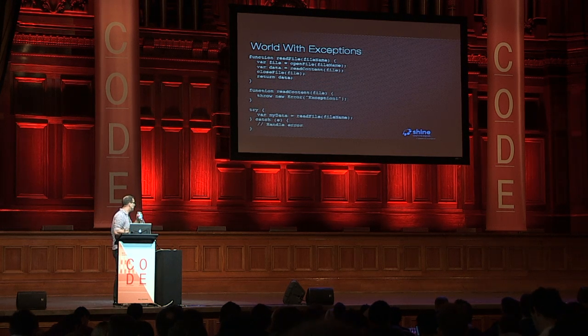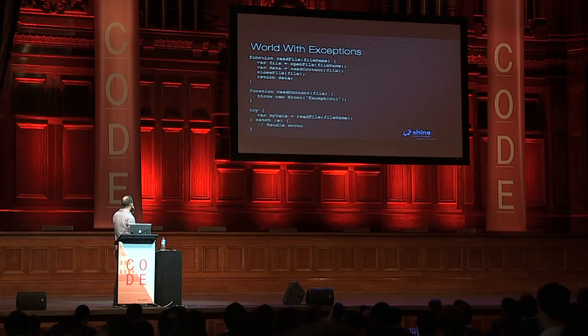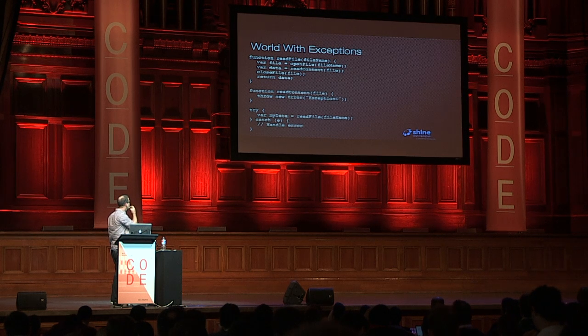Let's look at an example for some synchronous code. The world with exceptions. If we have a function readFile that consists of three operations, open file, read content, and close file, and an exception is thrown in one of them, say read content, and there's no error code in the read content function, then it will bubble up to the next level, to readFile, and there's no error handling code there either.